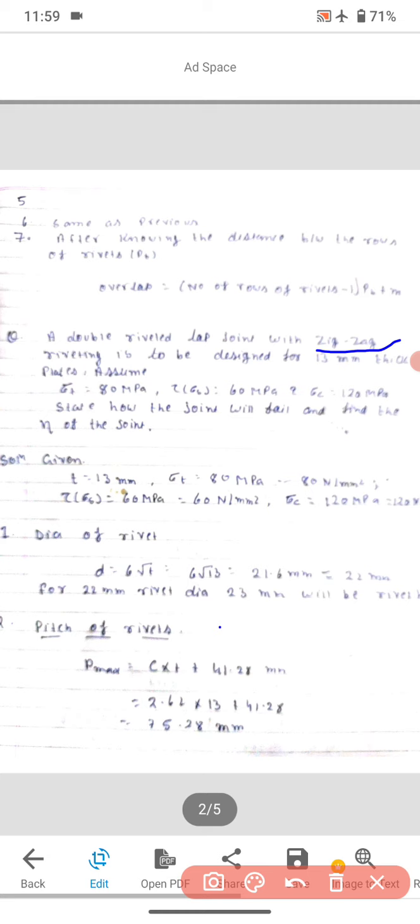State how the joint will fail and find the efficiency of the joint. Means you have to see how the joint may fail and find its efficiency. We had already done the efficiency portion, so we are not going to worry about this.